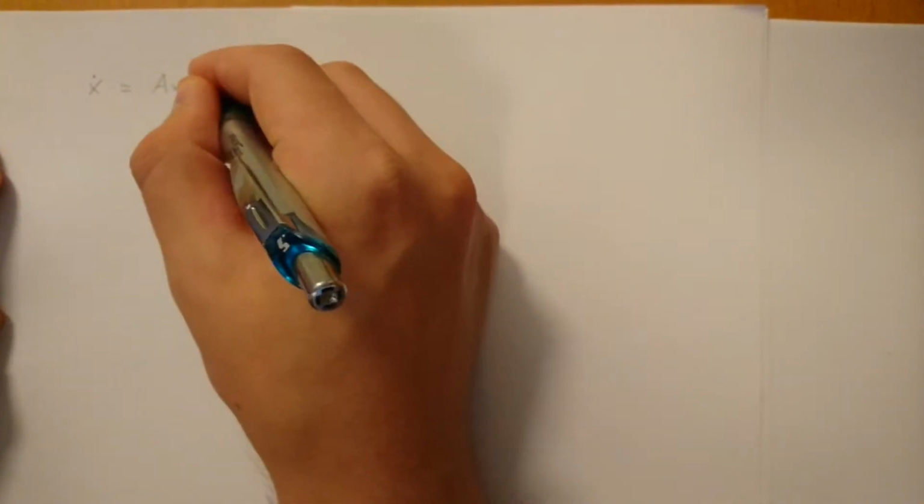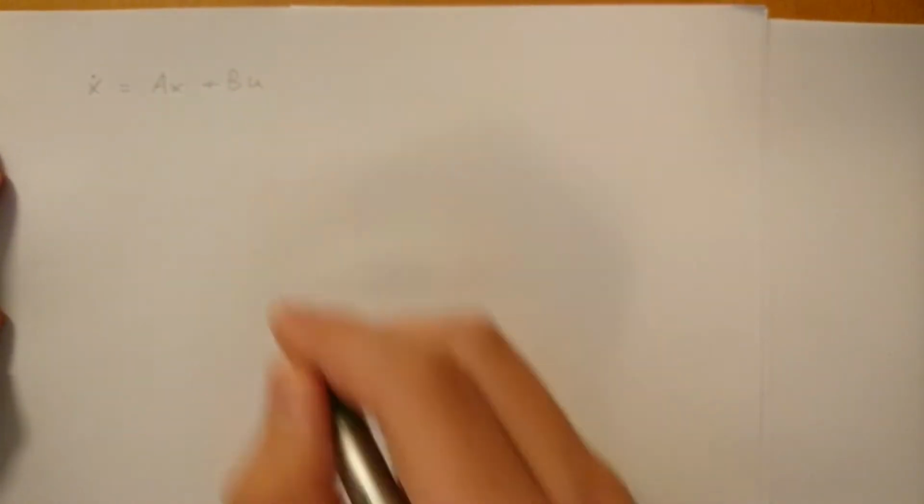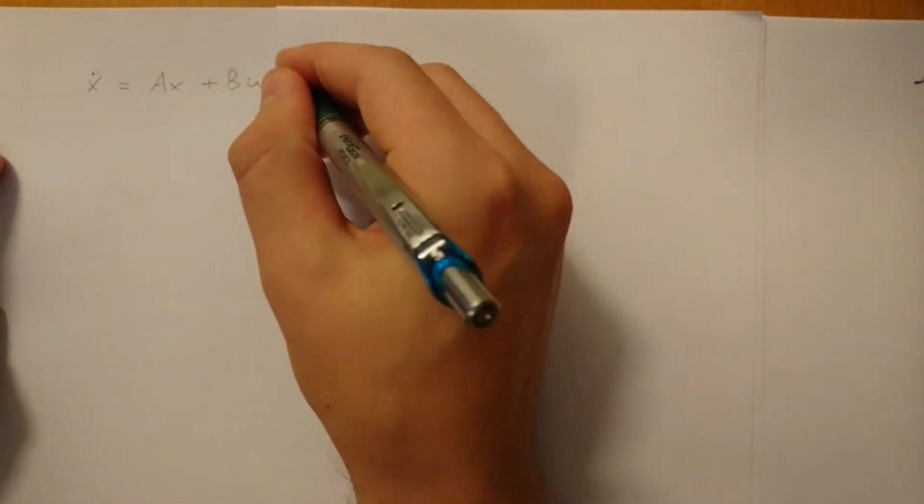If we look at the state space equation that we had, x dot is equal to Ax plus Bu, right? What will this become now?